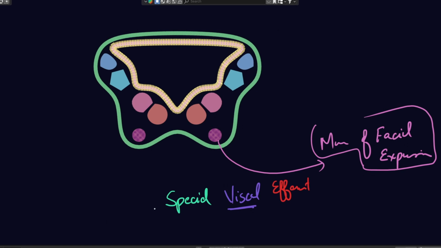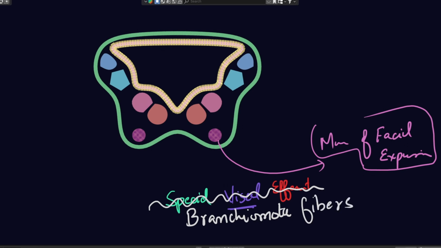So some great authors, some great embryologists, just put a cross here and say you don't need to stress so much about it, just call it brachiomotor fibers or brachiomotor neurons. Why all this fuss about special visceral and special somatic? By the way, it is controversial.